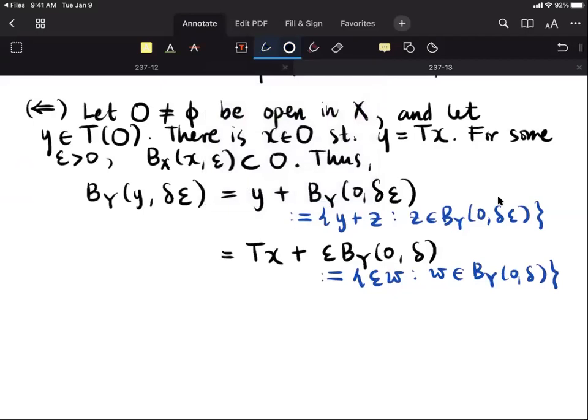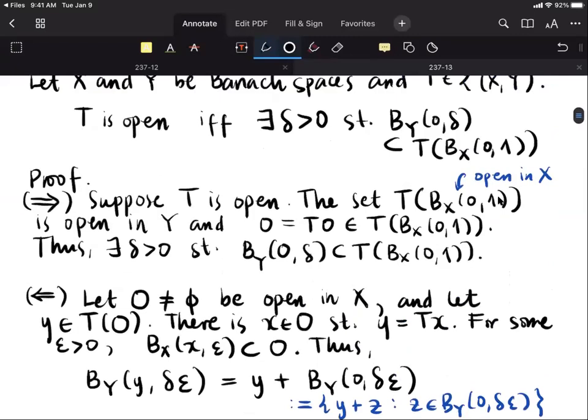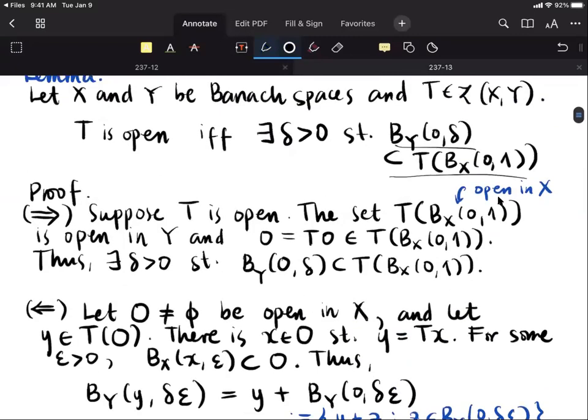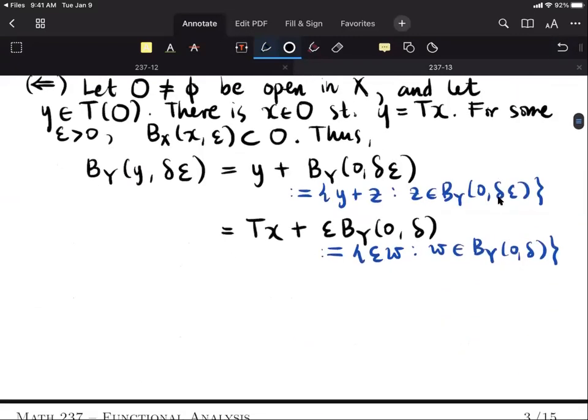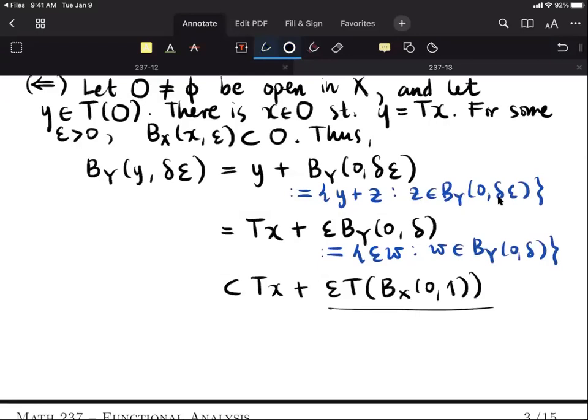Now according to this inclusion, this is a subset of T of x plus epsilon T of the unit open ball in X. And this scalar times the set, the image set, is defined analogously as before.